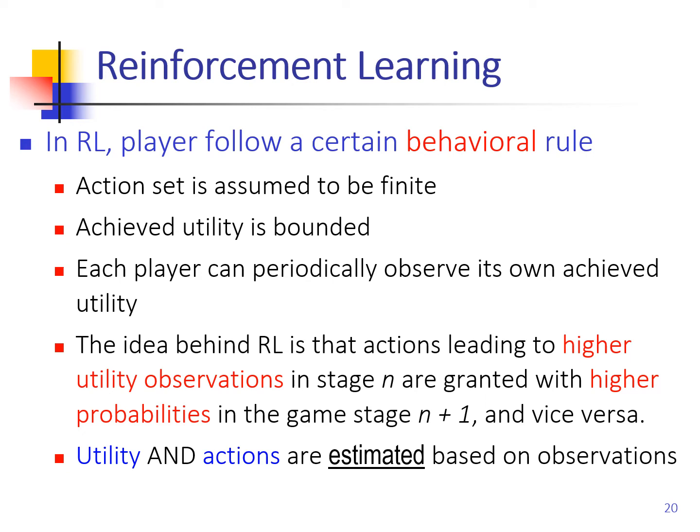So this is exactly how the learning will happen. We will always need to estimate two quantities: the utility that the player gets at time t, and the action that it takes. And here, of course, the action will be mapped to the strategy that it will adopt.